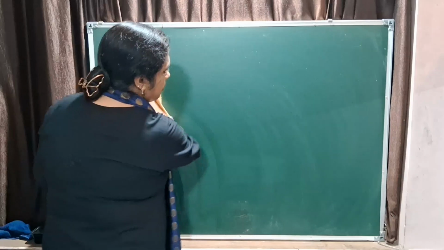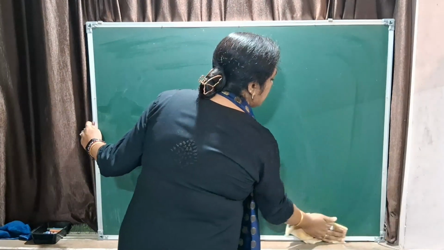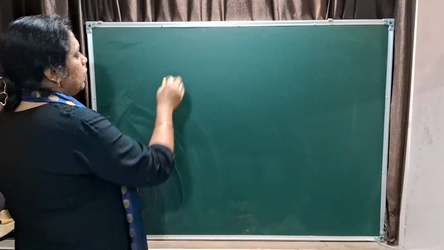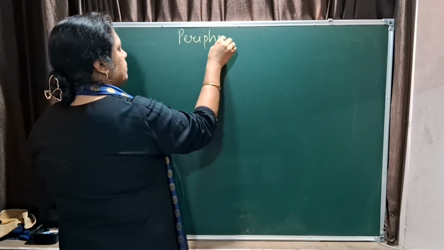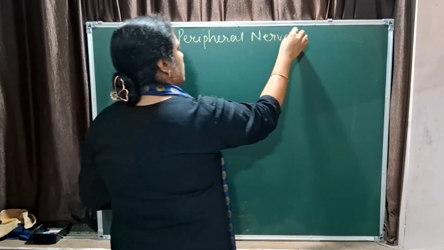So they function and they relay the impulse from central nervous system to the effector muscles and vice versa. So now when we talk about the peripheral nervous system.